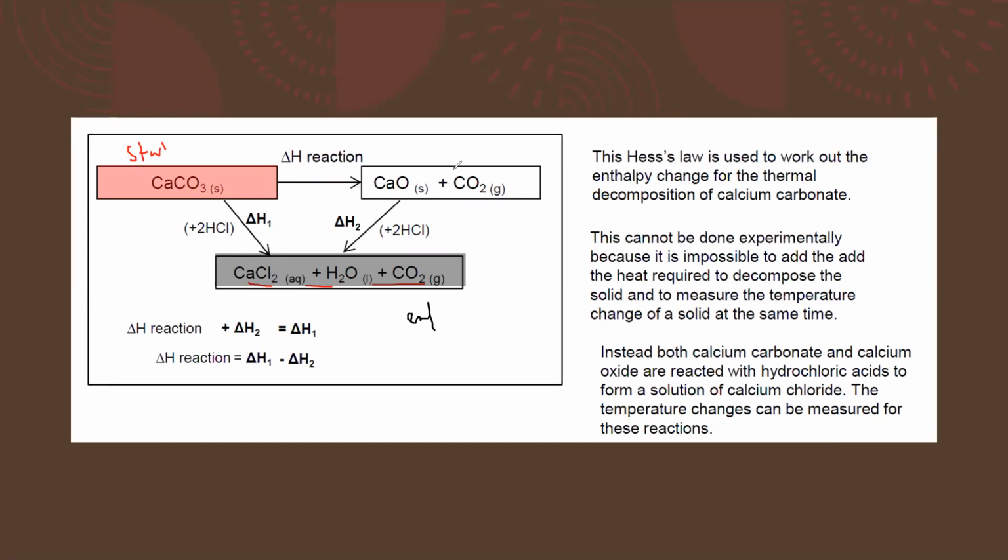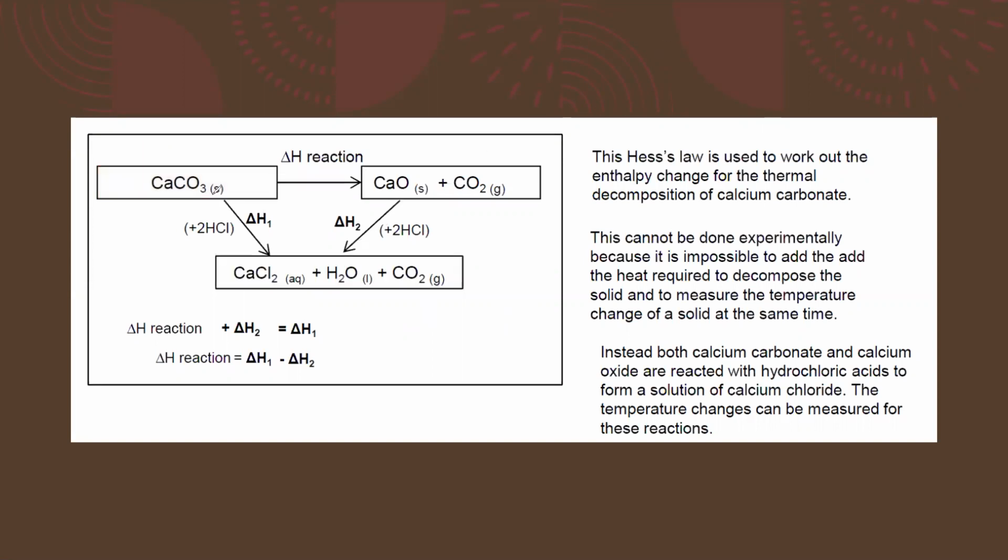Therefore the decomposition of calcium carbonate into calcium oxide and carbon dioxide is delta H. This is route 1 and this is route 2. So we can say delta H plus delta H2 is equal to delta H1. If delta H2 moves to the other side, it will be delta H1 minus delta H2.